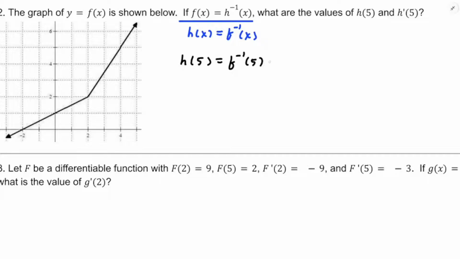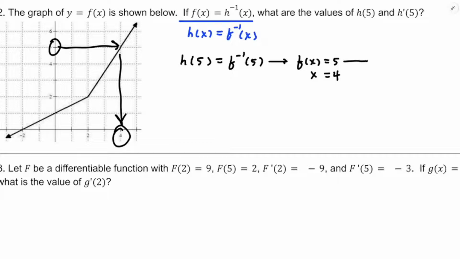When I'm confronted with something like f of 5, or f inverse of 5, I want you to just write down f of x equals 5 and solve for x. So f of x equals 5, that would be the output equaling 5. That's taking me back to x equals 4. So that means that f inverse of 5 equals 4. So h of 5 equals 4 there.